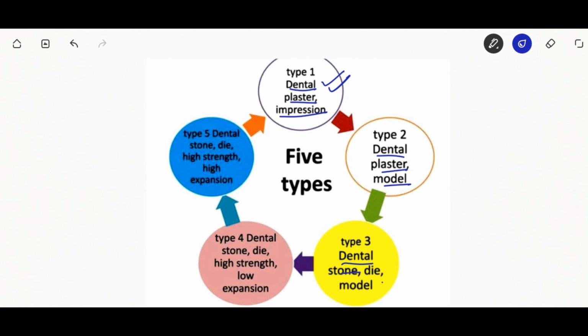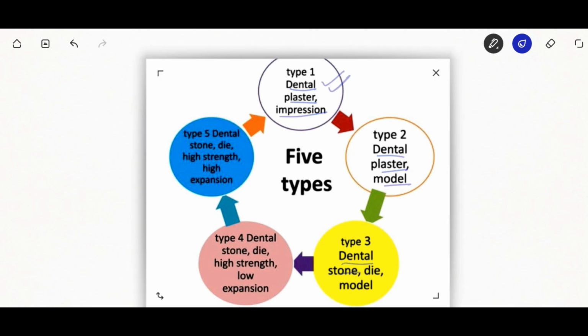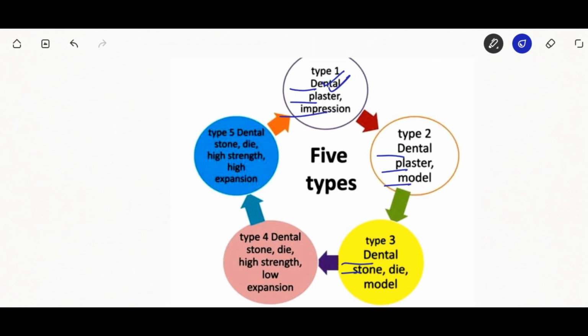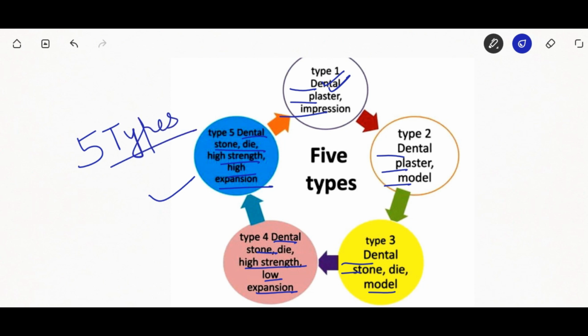Type 2 is dental plaster, that is known as model plaster. Type 3 is dental stone, that is known as model stone. Type 4 is dental stone, high strength and low expansion. And type 5 is dental stone of high strength and high expansion.